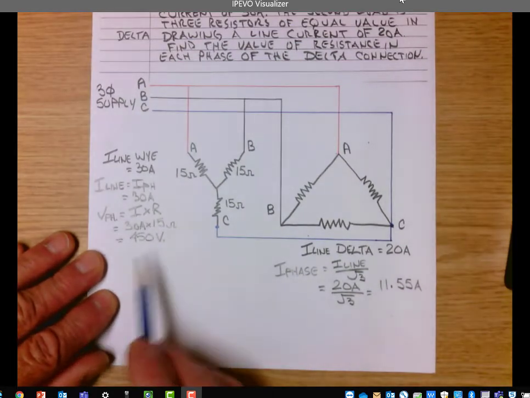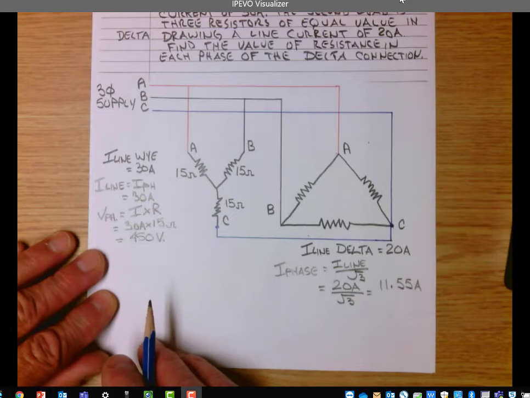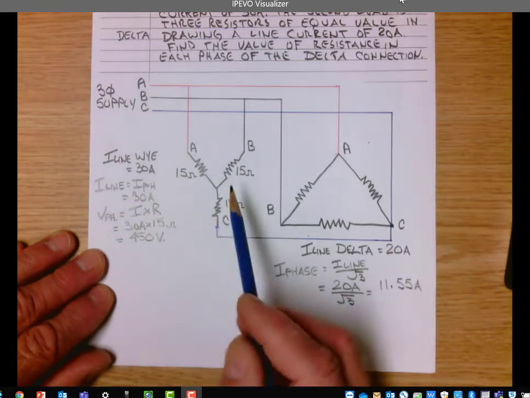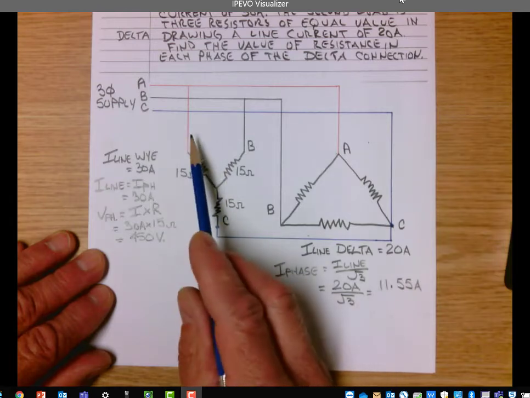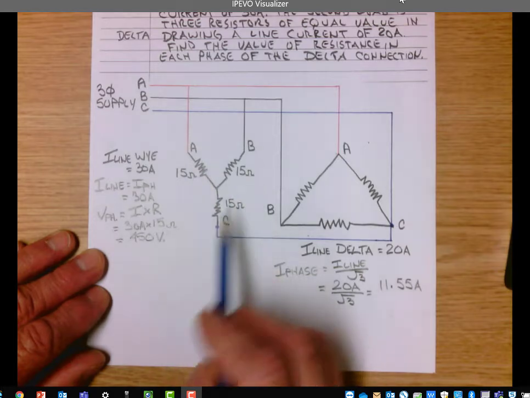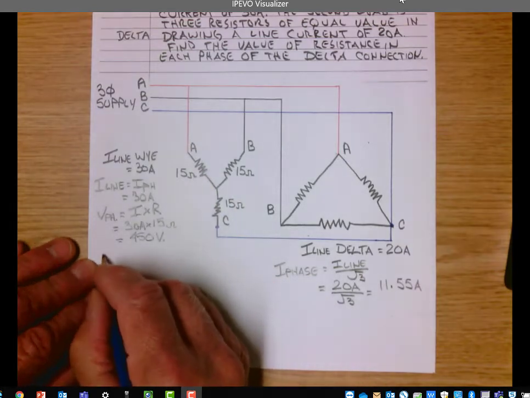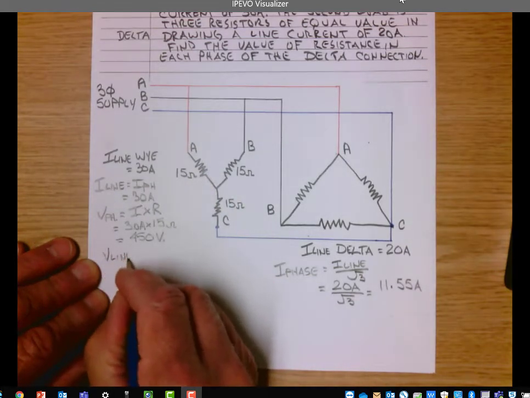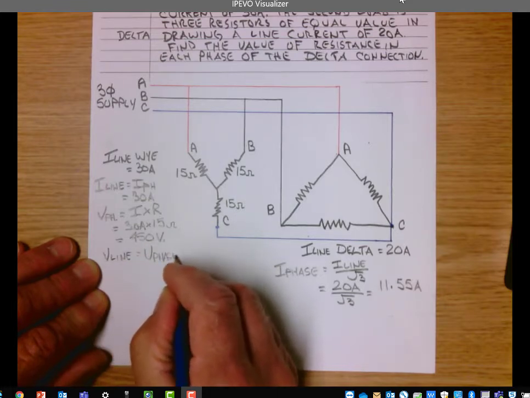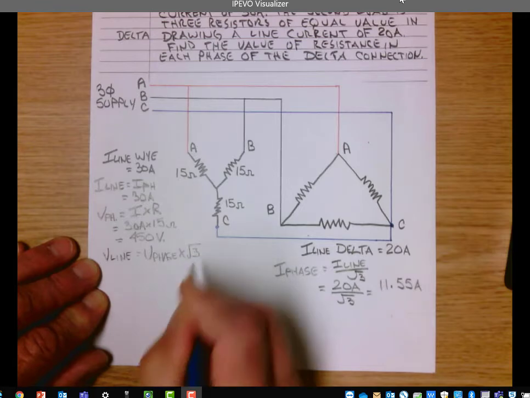Okay, if the phase voltage is 450 volts, we can find the line voltage feeding this Y system, and that line voltage will be the same voltage that feeds the delta system. In a balanced Y load, V line equals V phase times root 3.